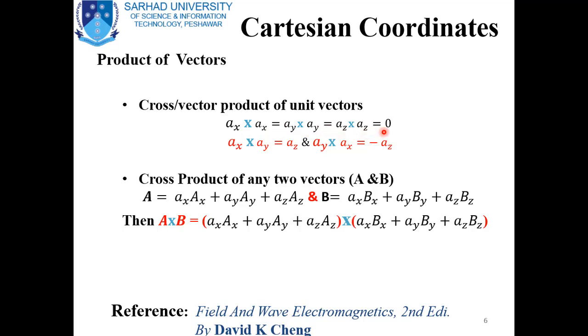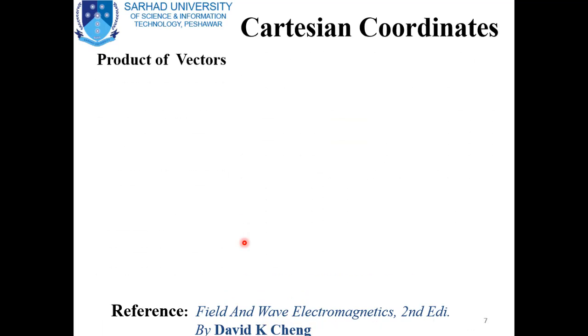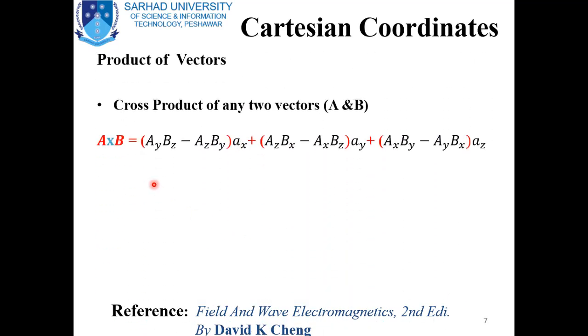So we will put 0 for these terms, and 3 elements will be cancelled, and we will be left with 6. So there will be 2 components of z, one with a positive, one with a negative sign. Similarly, 2 components of x, one with positive, one with negative, and 2 components of ay with positive and negative respectively.